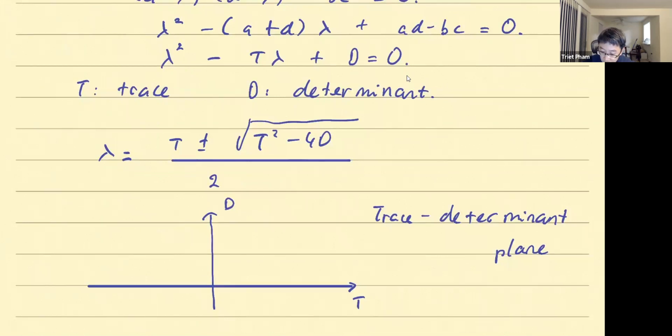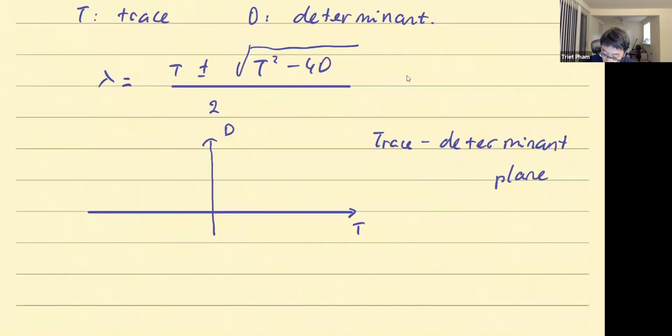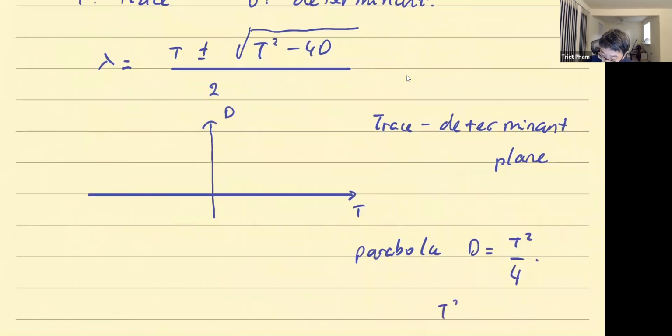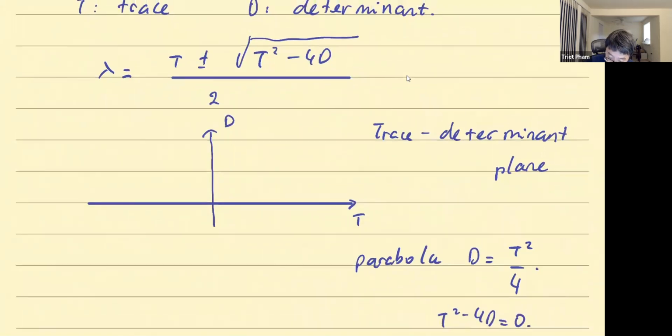The reason is that one of the critical objects is when this is 0 or not. So exactly the parabola D equals T squared over 4. Or, if you want, this is just T squared minus 4D equal to 0, which will be important for us. So let's say that looks like this.